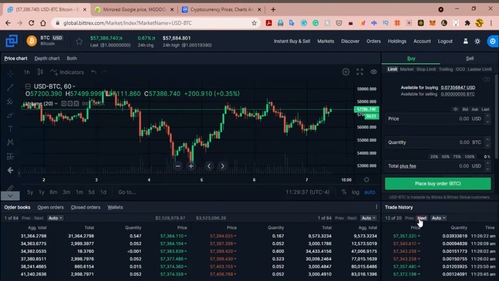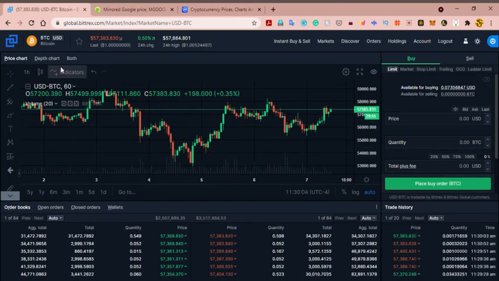But for example, if all of a sudden I saw somebody selling 50 Bitcoin at a specific price, that would tell me something. Okay, that would make me alert to the fact that the price is either below or above where the actual trade is happening at the current moment. So that's how I work with the trade history.